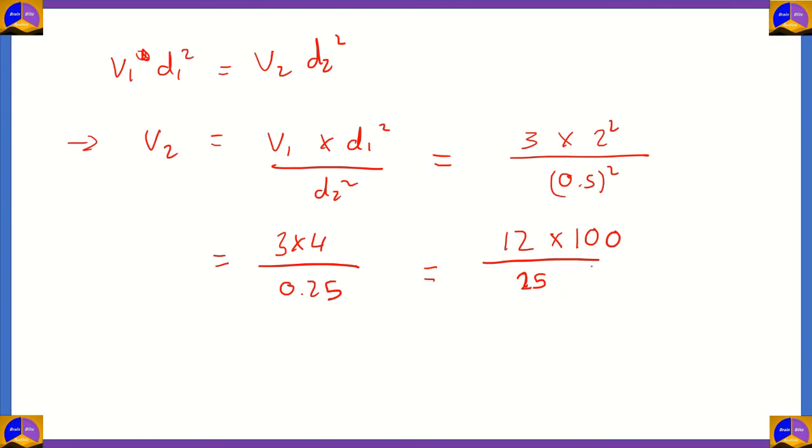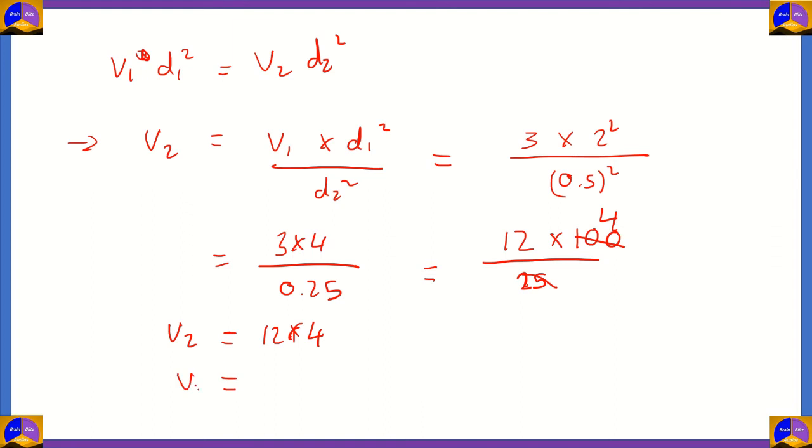So 12 times 100 divided by 25 is the velocity of water passing through the nozzle. Now 25 goes into 100 4 times, so the value of V2 is 12 times 4.